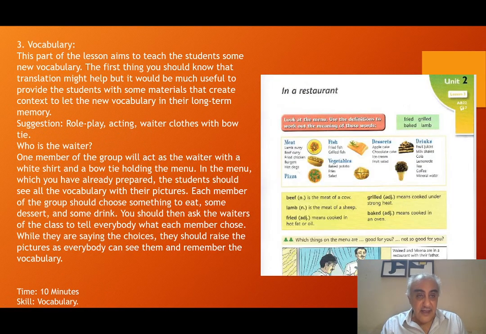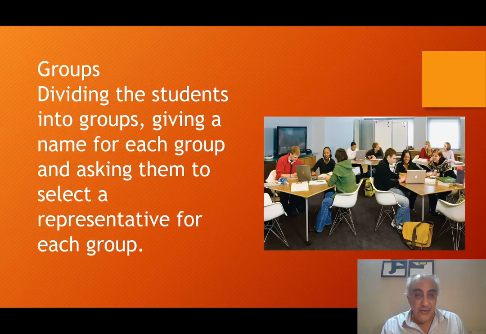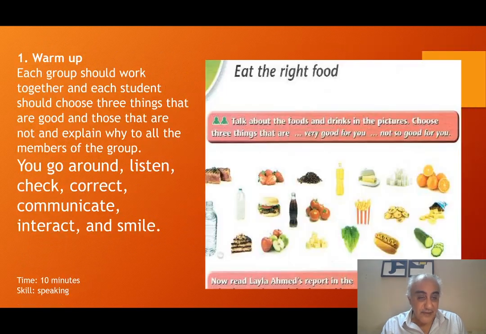But in the speaking parts, if something goes wrong with pronunciation, just disregard it, because here the idea is to let them be fluent in speaking.